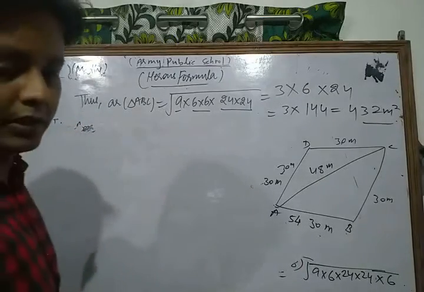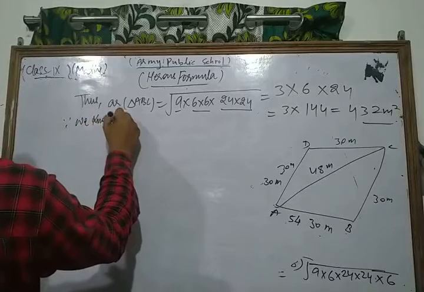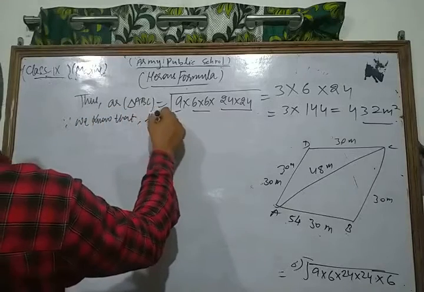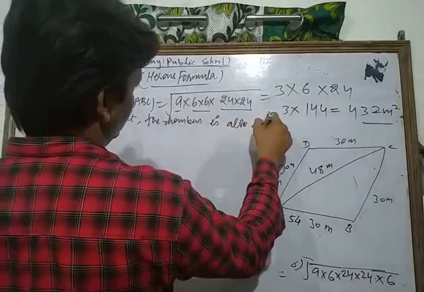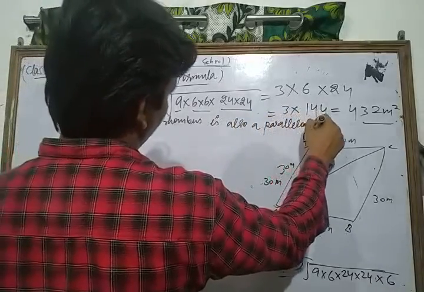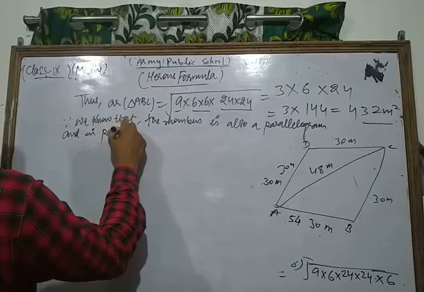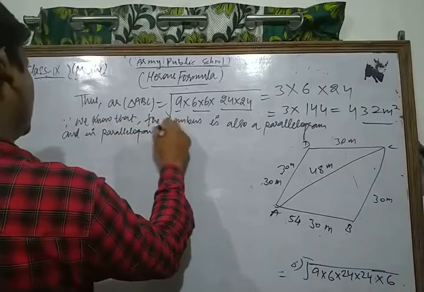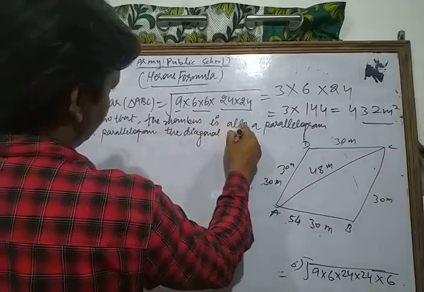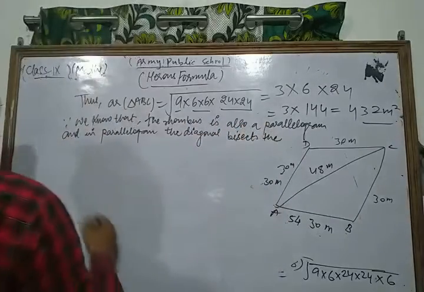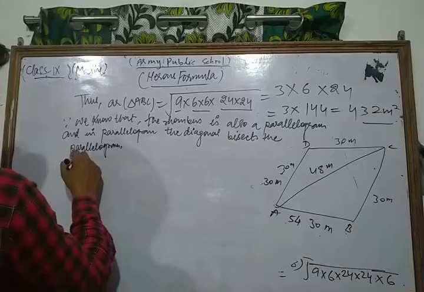First of all we write in this way, since we know that the rhombus is also a parallelogram, and in a parallelogram the diagonal bisects the parallelogram.